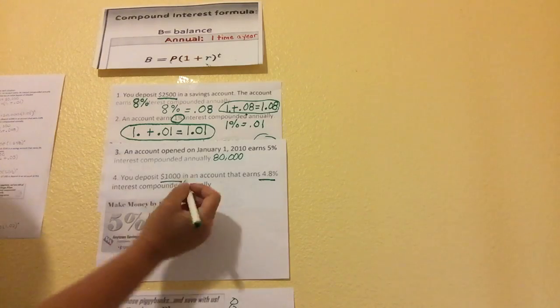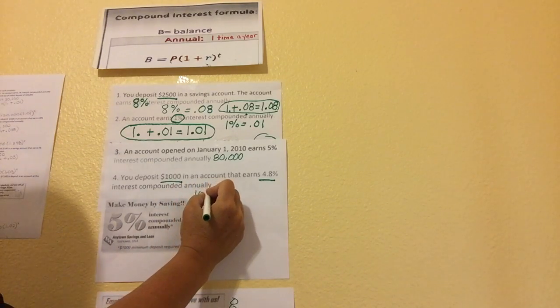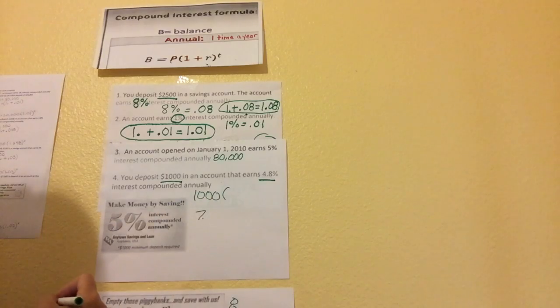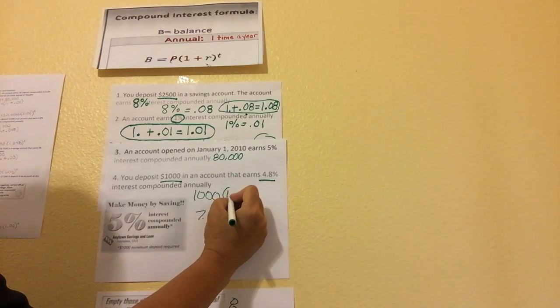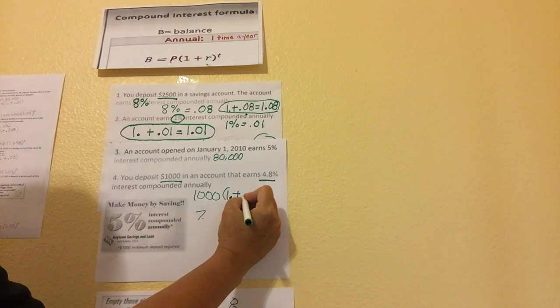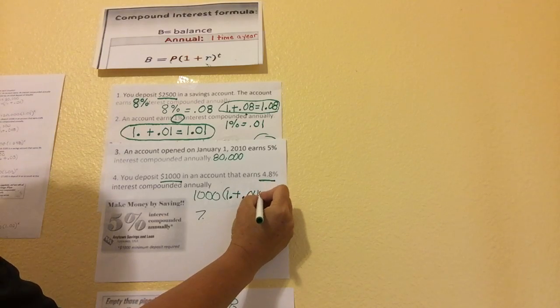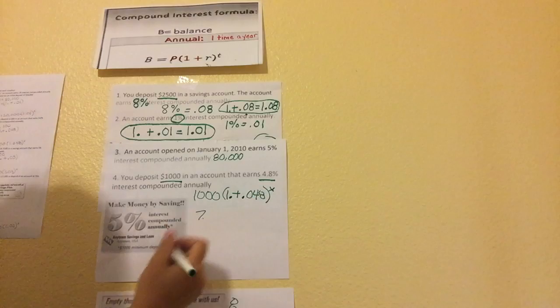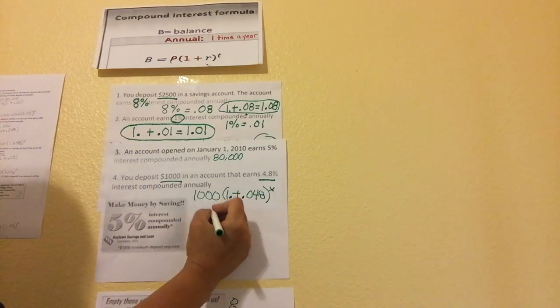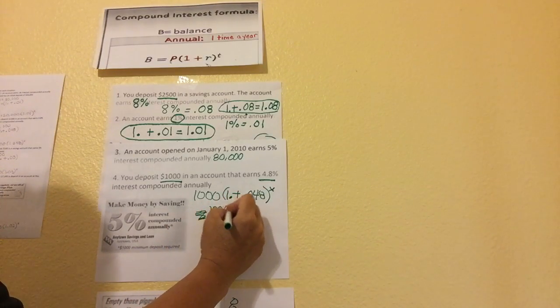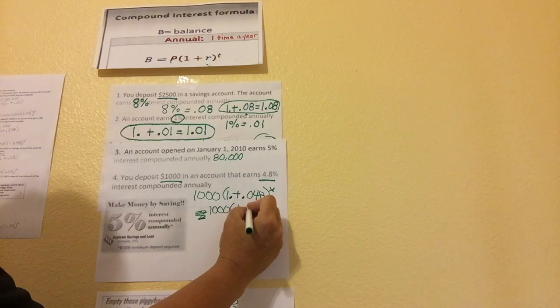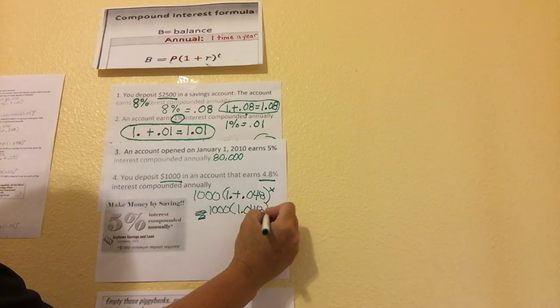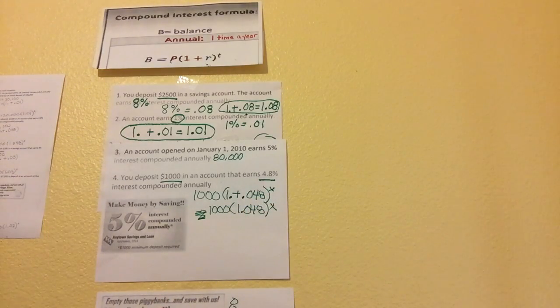So again, you just put your 1,000, parentheses, 1 plus 0.048, okay, we're going to put X there. And then we're going to combine that. Okay, so right now we're not solving, we are just writing the equation.